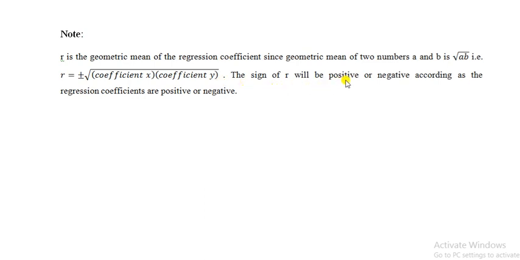The sign of r will be positive or negative according as the regression coefficients are positive or negative. So already we discussed that both the coefficients of x and y are negative or both are positive, and according to that we write the r value. So these are the examples on correlation coefficient and regression lines.